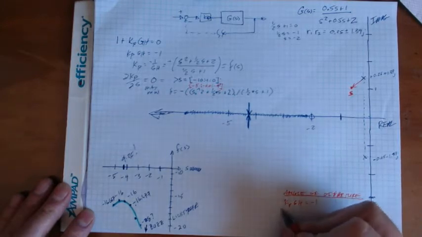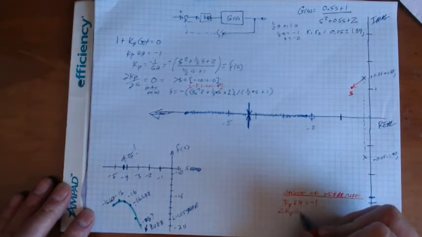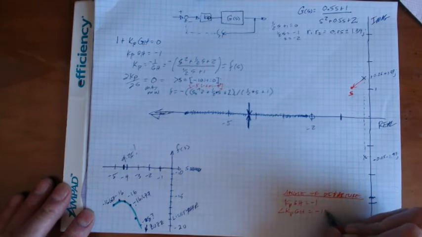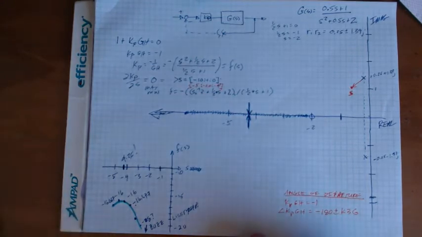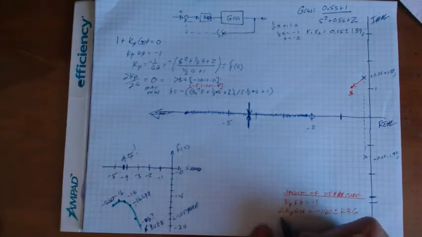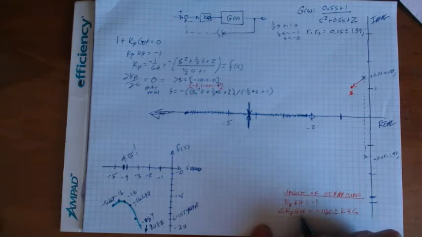And so the angle of Kp times GH is equal to -180 plus or minus K360. So we can do it however much we want. And so what we have to do is see what the angle is. K doesn't have any angle, right? Kp is a scalar, so it doesn't have an angle.